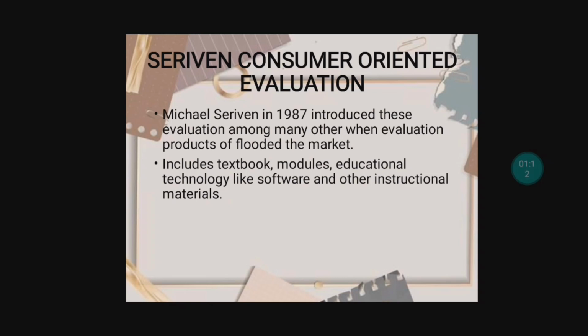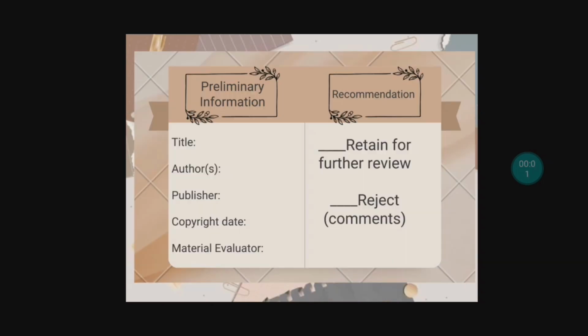These products are used in school, which requires a purchasing decision, and include textbooks, modules, educational technology like software, and other instructional materials. So, this model also uses criteria and a checklist as a tool, for either formative or summative purposes.